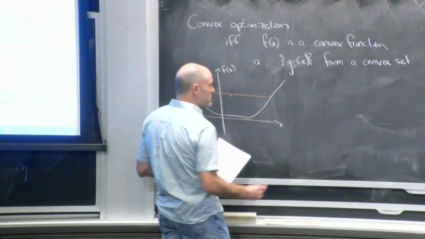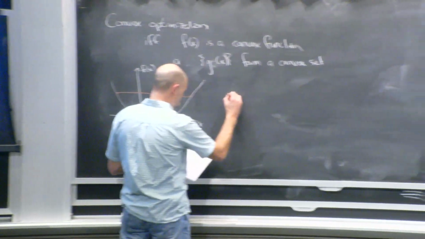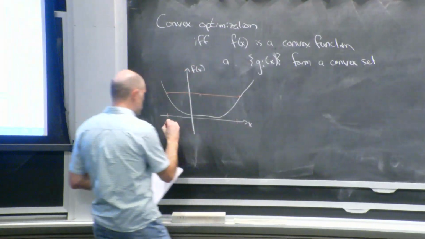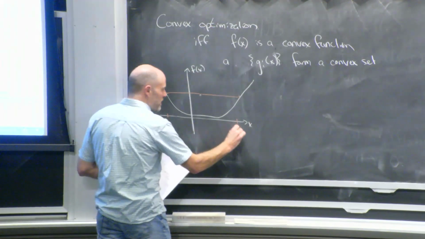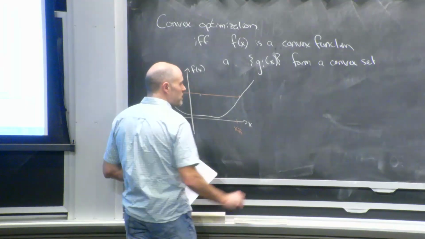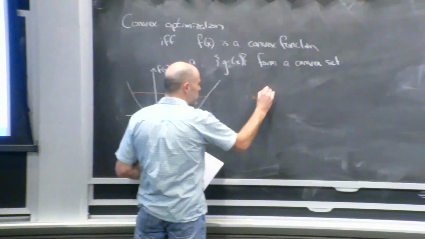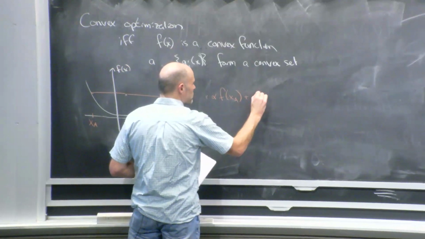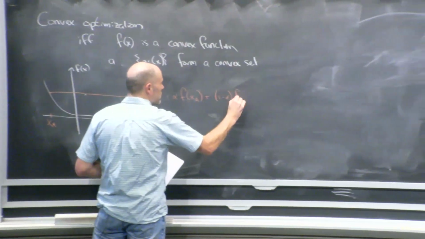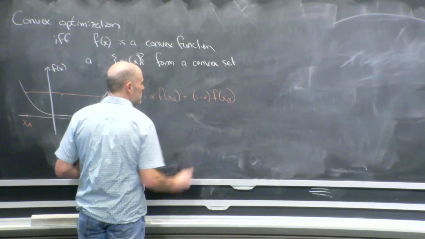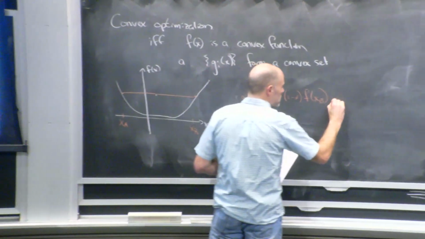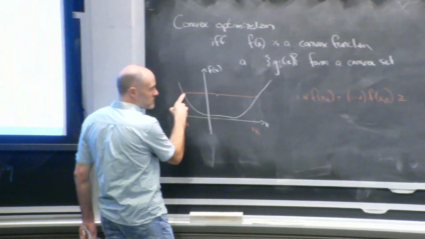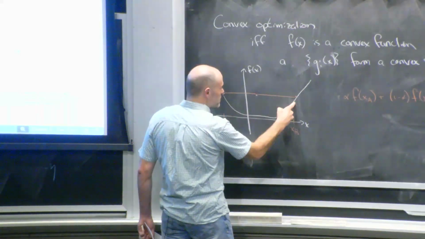So what you want is that if I call this, let's say, XA and this XB, then I would like alpha times f of XA plus 1 minus alpha of f of XB, okay, has to be greater than or equal to, because this is f of XA here, this is f of XB.